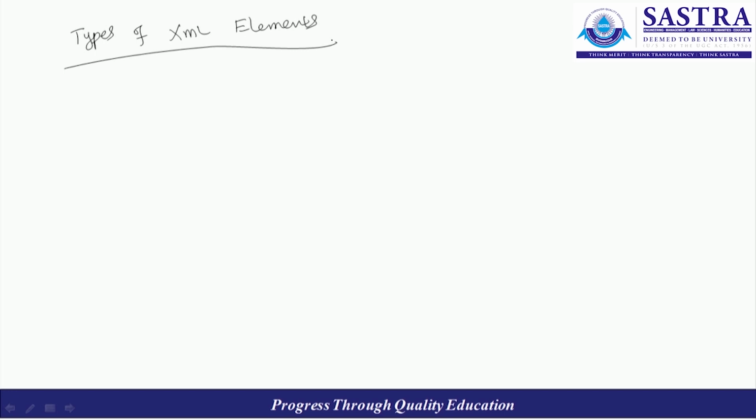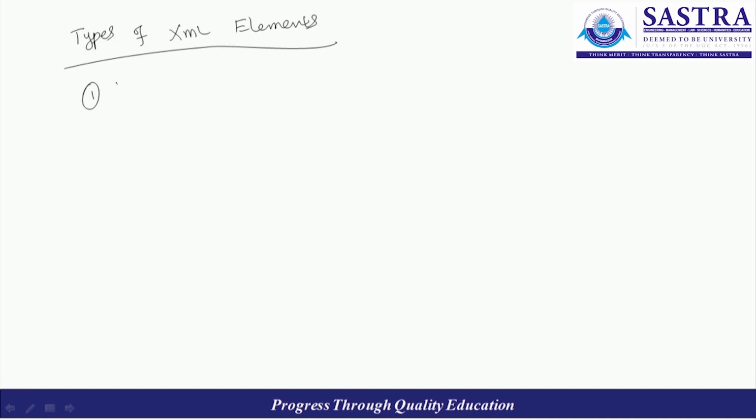One is written by myself and another one will be written by someone else. So, XML documents will have collections of elements: root, parent, child, subchild elements, and the element can have text as well as attributes. So, we should know what the various types are.